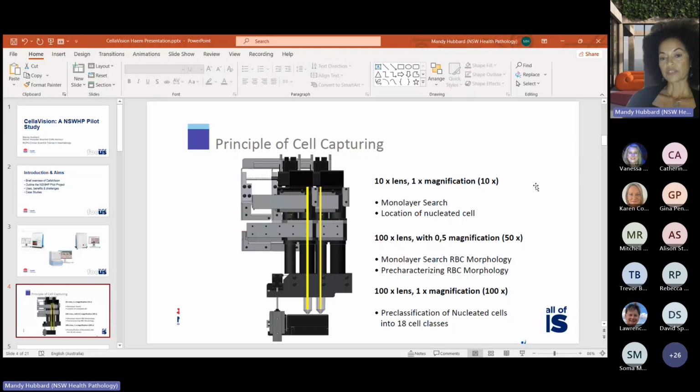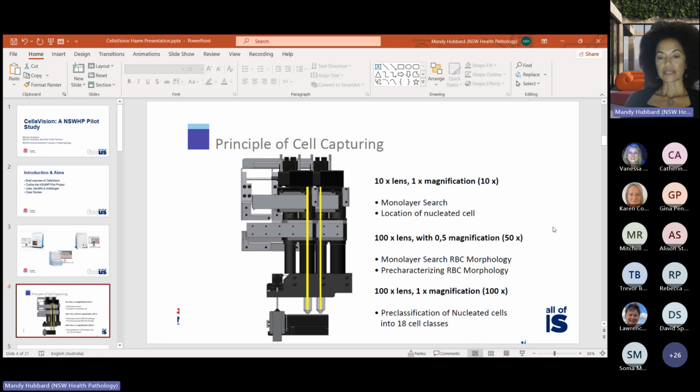The 10 times objective is used to identify the monolayer, and the monolayer is the area where the analyzer will do all of its characterization and pre-classification. We can also create a 50 times magnification by having a relay tube that sits over the 100 times objective and cuts it down by 50%. The 50 times magnification is used to do the pre-characterization of the red cell morphology.